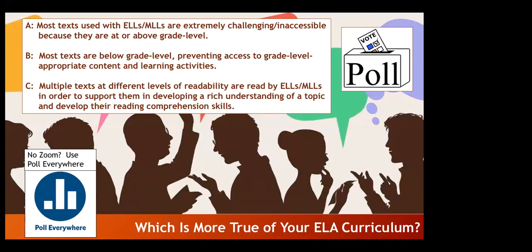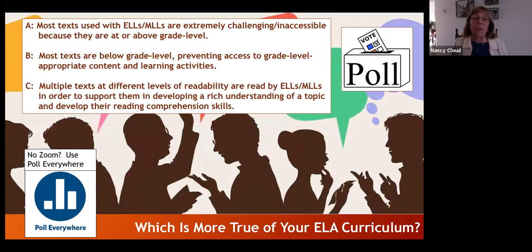So you could see that a lot of us answered A and some of us answered C, and I'm so happy to see that 40% of you said you do have a sufficient range of text for your students.